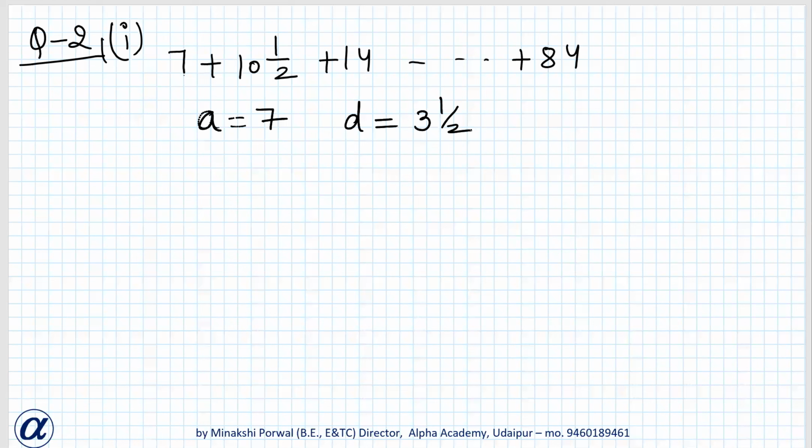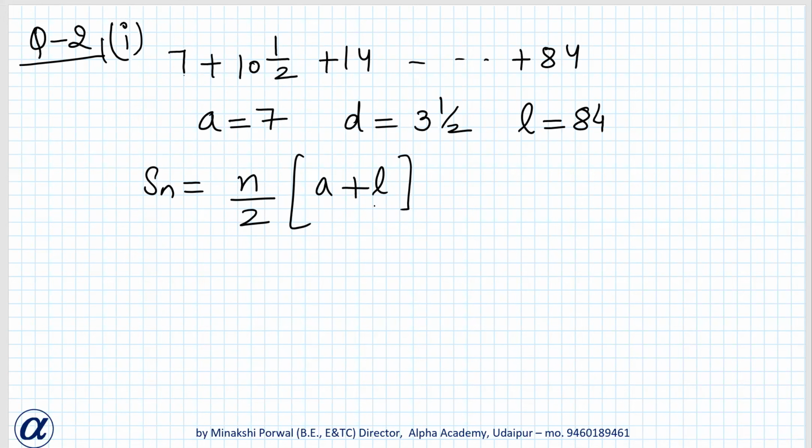And here one thing is given. Which formula will we use? Anybody? Ma'am, second formula, that n by 2 into a plus l. Okay, because L is given here, so it will be simplified. So L is 84. So Sn equals n by 2 A plus L.